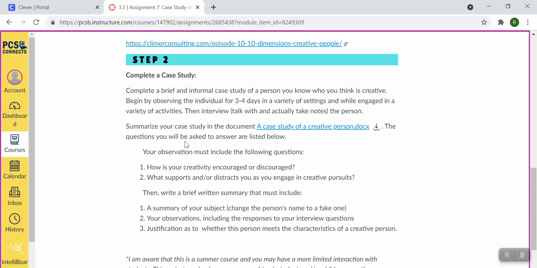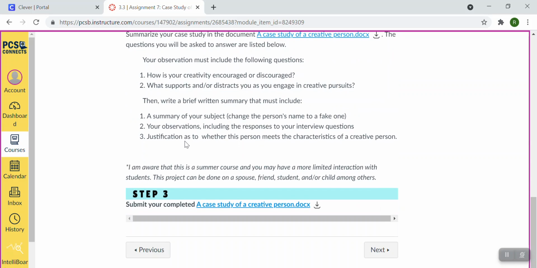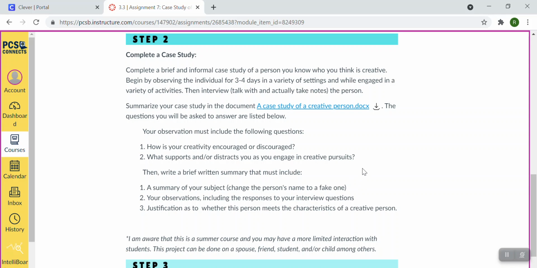Okay, so then you're going to complete a case study. And I think I put all the steps right here. It's informal, a case study of a person you think is creative. Now, I understand that you might not be able to fully observe someone for 3 to 4 days. Some of you are in summer school, some of you have families, but you might have to think about a student that was in your classroom based on what you know this past school year.